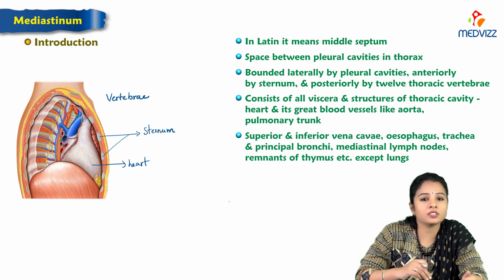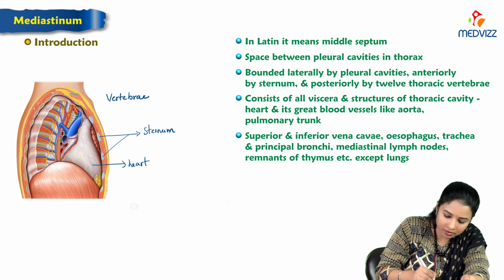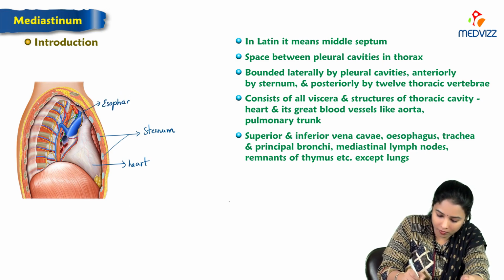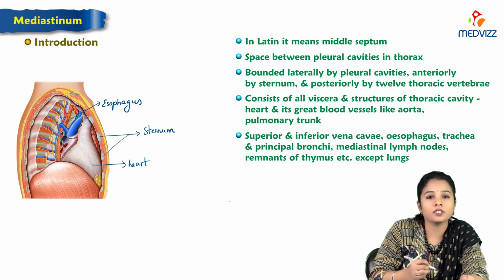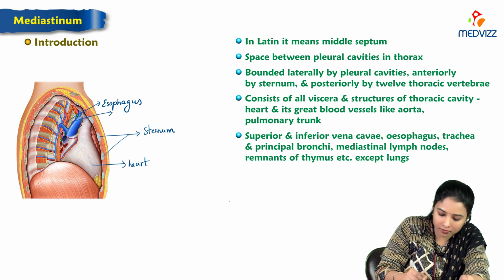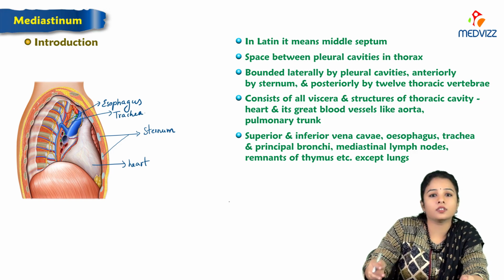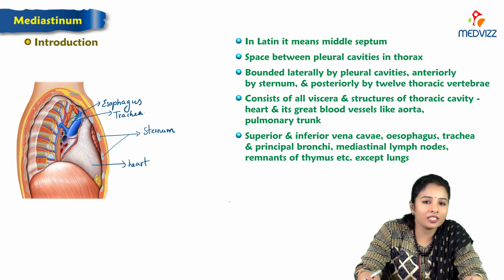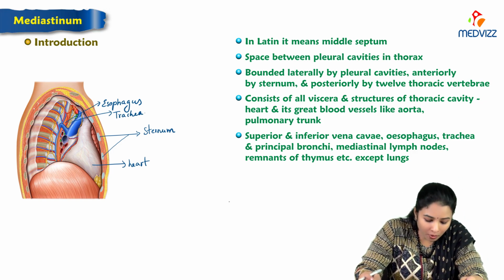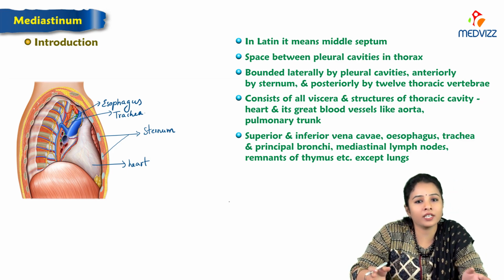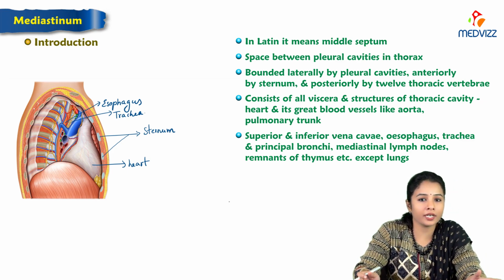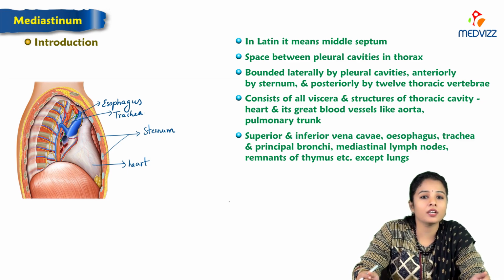Along with these structures, we also see the esophagus, trachea, principal bronchi, where the trachea terminates into right and left principal bronchi, and mediastinal lymph nodes.